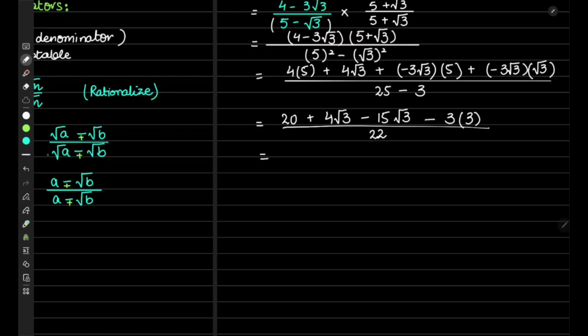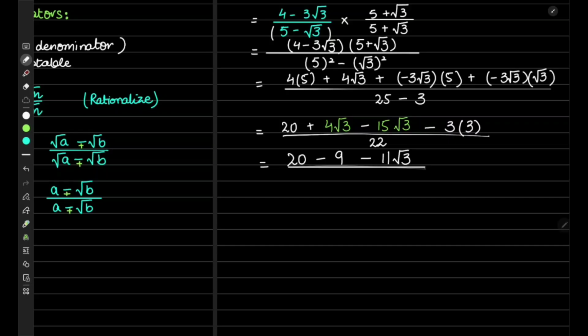You will be adding up the common surds together, and the numbers together. So 20 minus 9, and plus 4 minus 15 is minus 11 root 3, over 22. So 20 minus 9 is 11. So 11 minus 11 root 3 over 22.